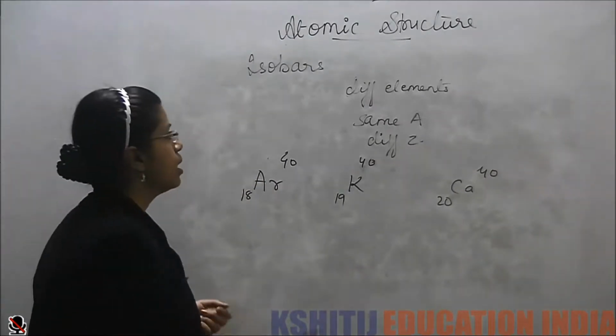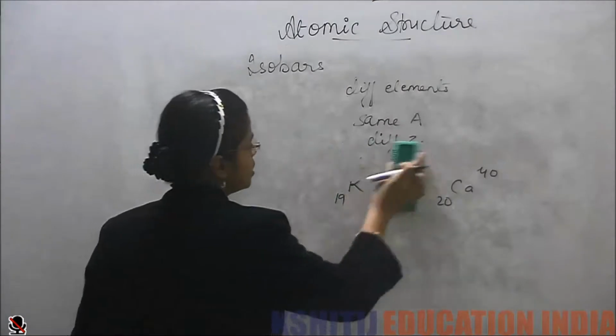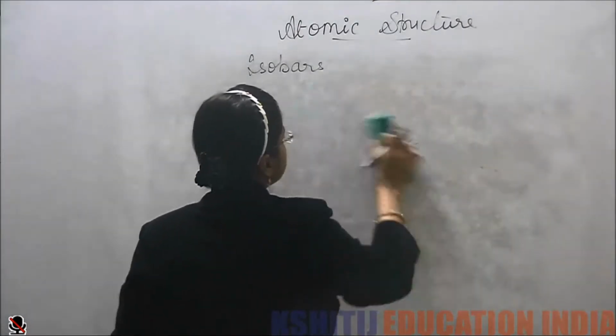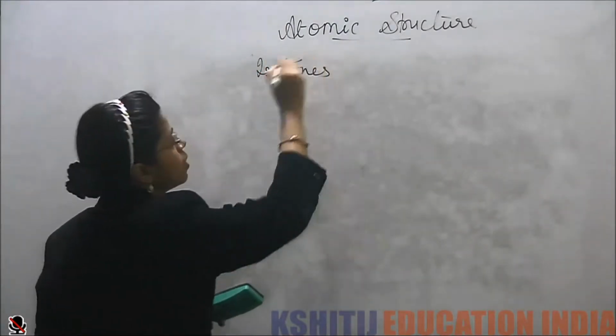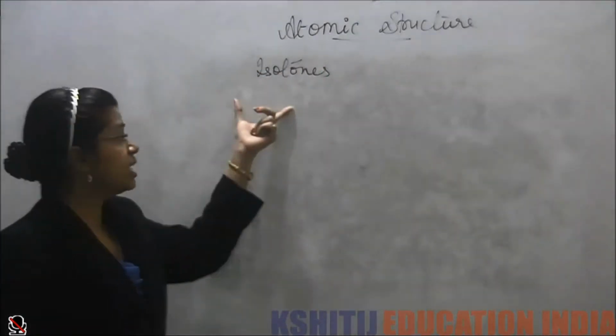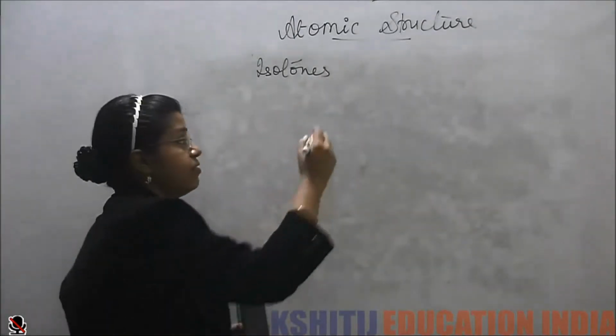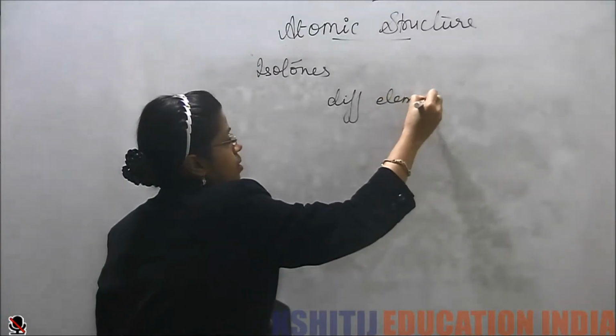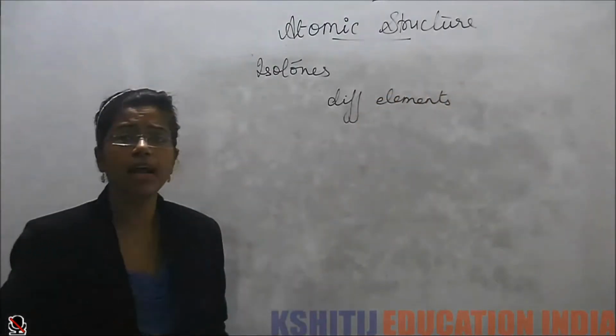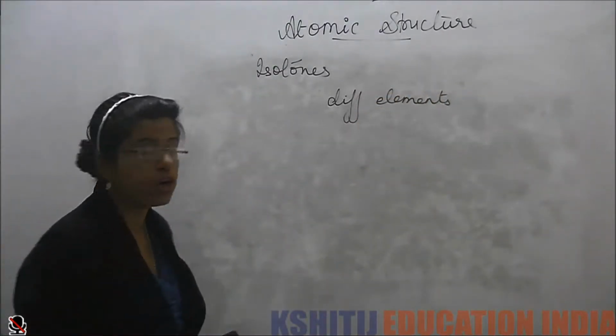Then the next term that we would see is isotones. Isotones are the atoms of again different elements which have an equal number of neutrons.